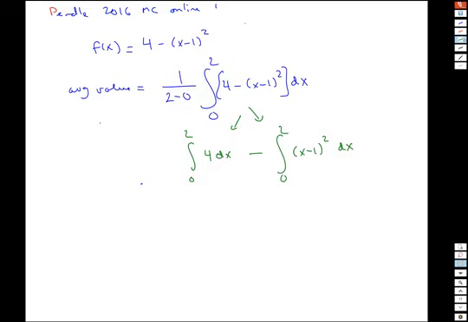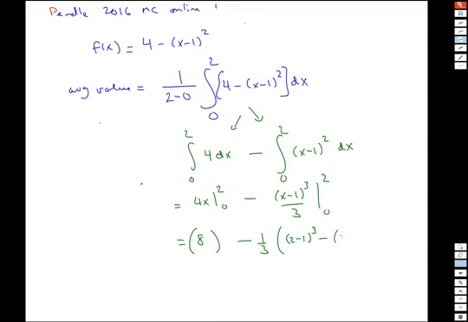So just going down this, you'd have 4x between 2 and 0 minus x minus 1 cubed over 3 between 2 and 0, and do whatever subbing in you like. 4 times 2 is 8, minus 0, minus, I'd probably keep it at the third, 2 minus 1 cubed, minus 0 minus 1 cubed.